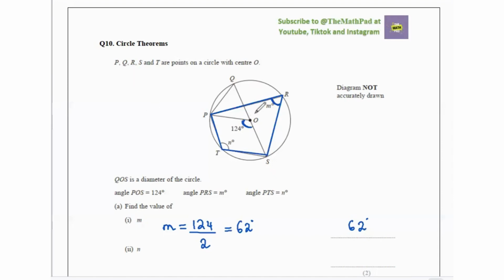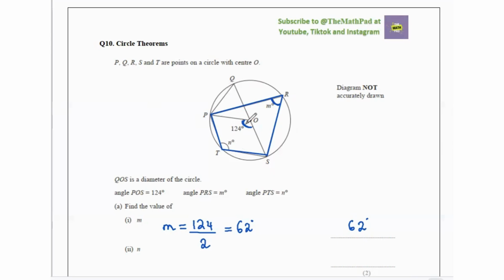However, the quadrilateral RPTS and the quadrilateral QPTS are cyclic quadrilaterals because all four vertices of the quadrilateral are touching the circumference. So you have to be very careful about these things. Look at the shape very carefully, highlight different things that you see.